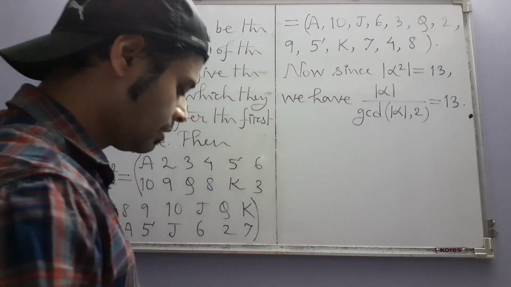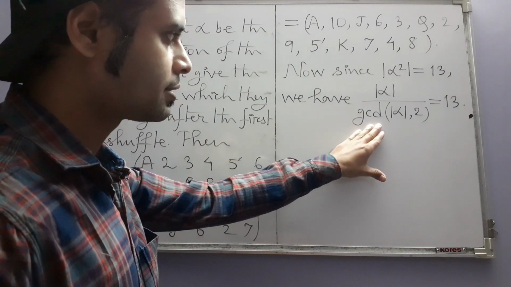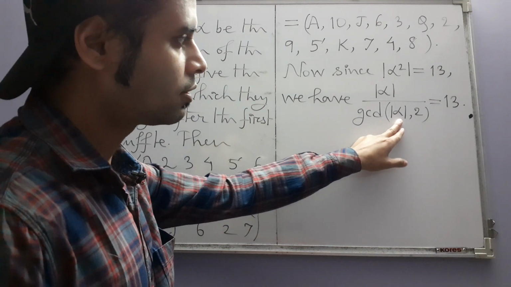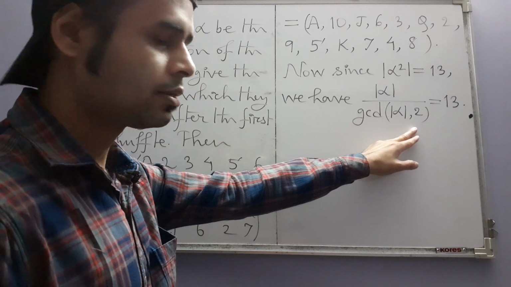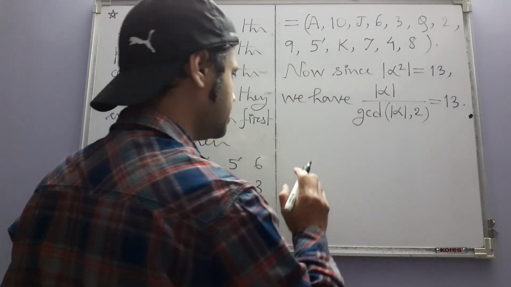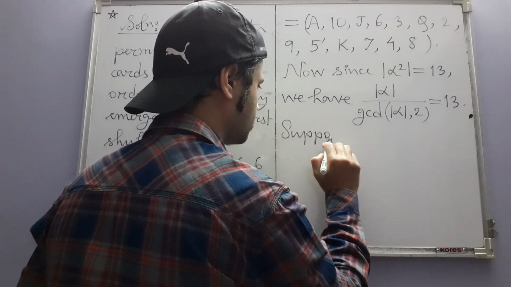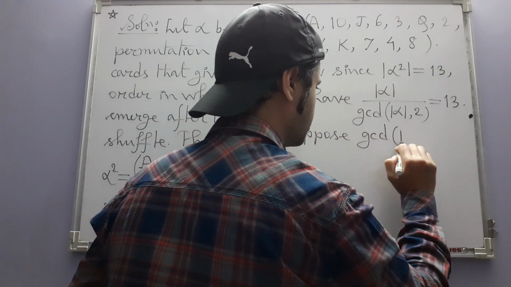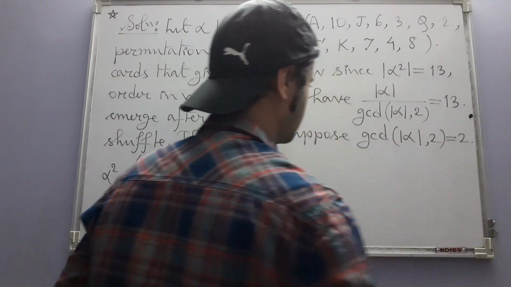Now what can this GCD possibly be? Because the GCD has to be a positive divisor of both the order of alpha as well as 2. So the GCD can either be 1 or 2, because 2 is prime. What happens if the GCD is 2? Suppose that this greatest common divisor is 2.